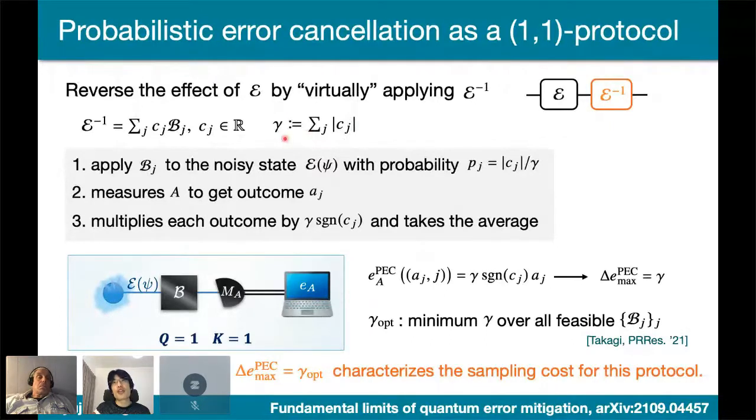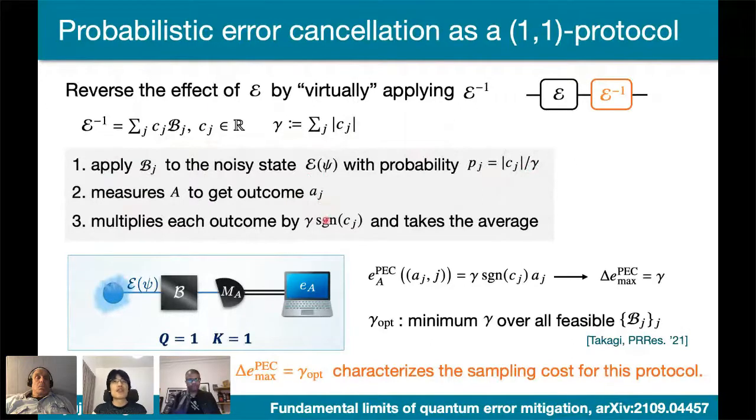So the probabilistic cancellation goes as follows. I apply the basis operations Bj to the noisy state E of psi with probability Pj defined in this way. This is the artificial probability distribution that you can create from this set of coefficients Cj. You measure this observable A to get some outcome Aj.